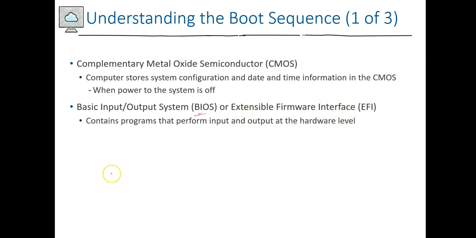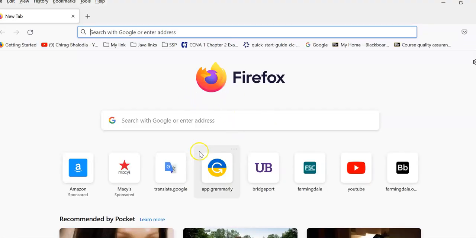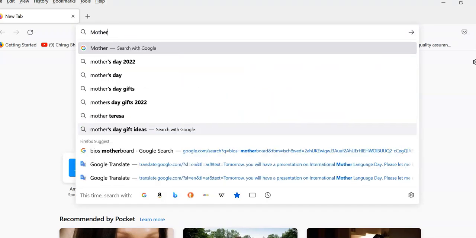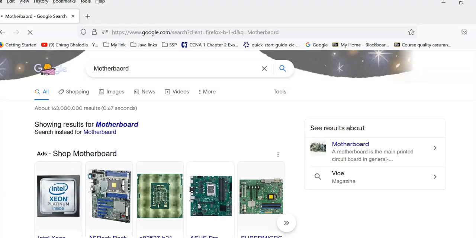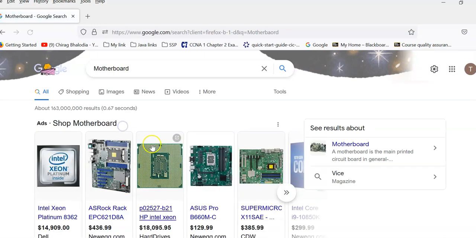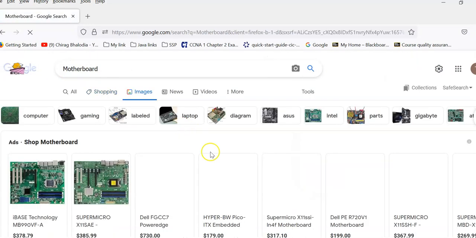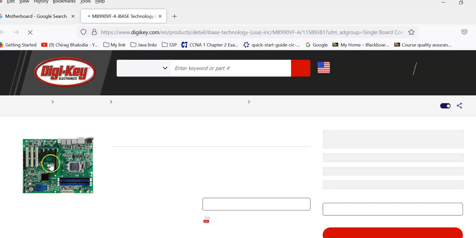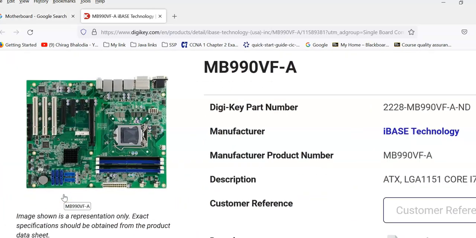Those three versions of the piece of hardware exist on something called the motherboard. If you go to Google and search for motherboard in images, this is the motherboard. This is the piece of hardware we have inside our computers.